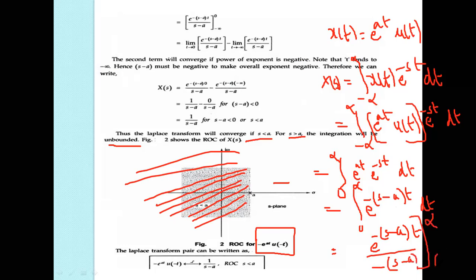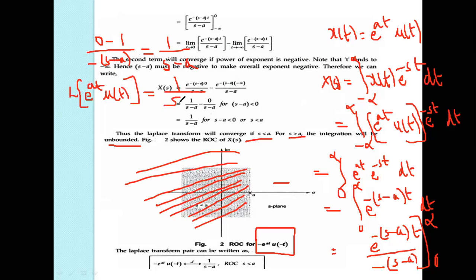The upper limit is infinity and the lower limit is 0. Substituting the upper limit, it becomes 0 minus the lower limit value, e power 0 is 1, divided by minus of (s minus a). Minus and minus cancel, and the value is 1 by s minus a. So the Laplace transformation of e power a t mu of t is 1 by s minus a.